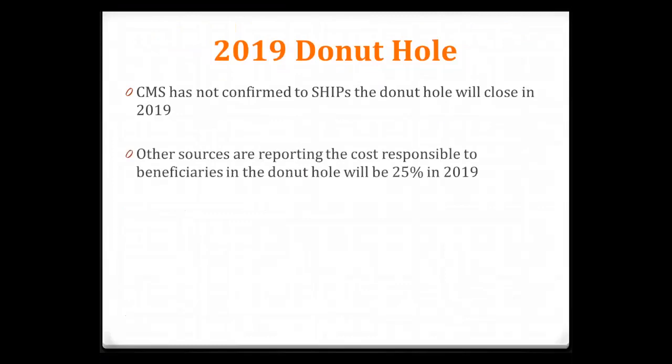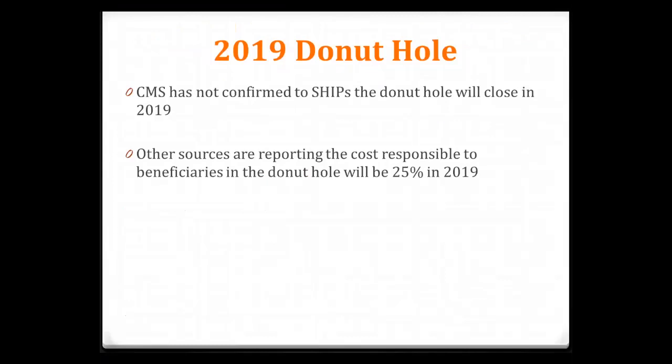Some sources, and I find them credible, like the National Council on Aging, are reporting that the cost responsibility to beneficiaries in 2019 will be 25%. If you remember, the donut hole was going to be 25% in 2020 and a little bit higher in 2019. Again, those are other sources, and I like to hear things straight from the horse's mouth, as the old saying goes.